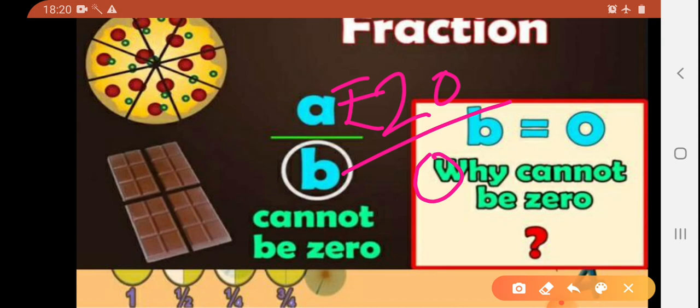So 20 divided by 0. How many rupees does each person get? We can't say.